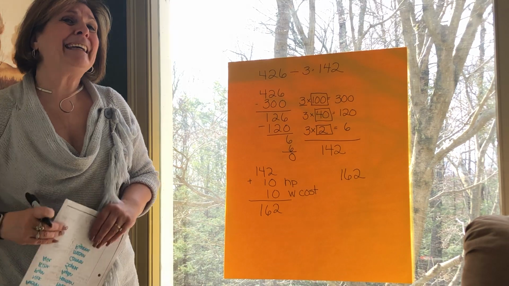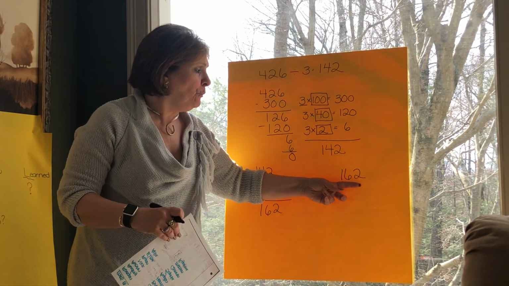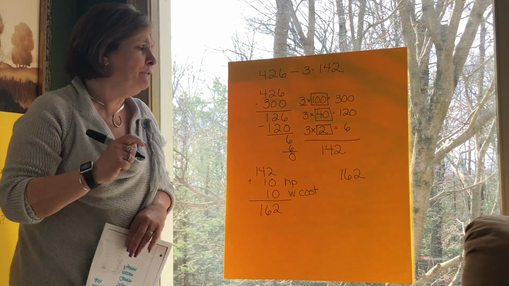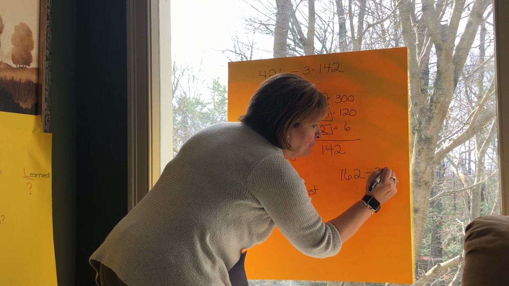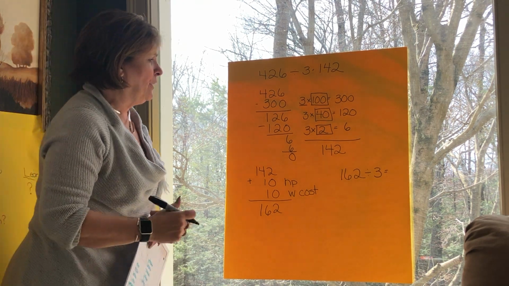Well, we know that Kevin tripled her money to get her 162. So again, if we work backwards, we have to do the inverse operation. That means we have to divide by 3 to see how much money she started off with.